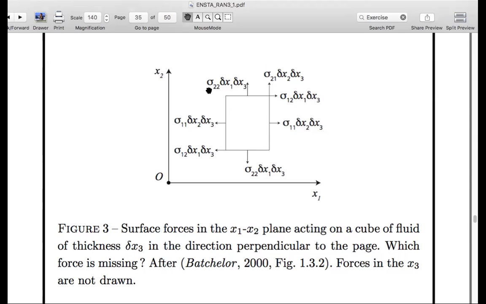Okay, so when I say the force is this, it's sigma 2 2 times this area here pointing in that direction. Which force is that? It's the force of the fluid out here acting on the fluid in there. You can imagine why that's the convention. We want to know what's happening to that fluid parcel, right? So we want to find all the forces acting on that fluid parcel, and then we're going to talk about how it's accelerating eventually using Newton's second law. It has a certain mass. The total force divided by the mass is going to give the acceleration of this fluid parcel.